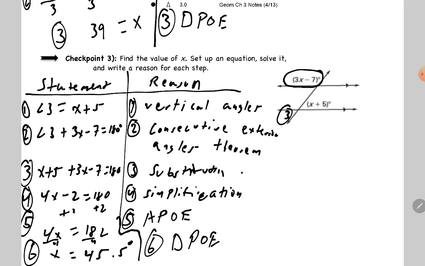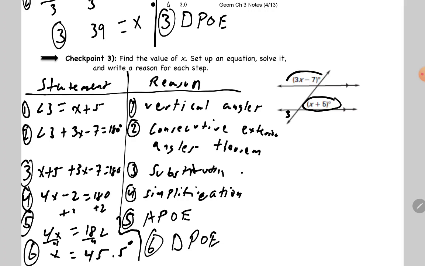And now let's review this one. So we had to write a reason for each step. So I looked at x plus 5 and 3x minus 7. We don't have any theorem that deals with those two, but we do know that this angle here and this angle I decided to call 3 are vertical angles so that they're the same.